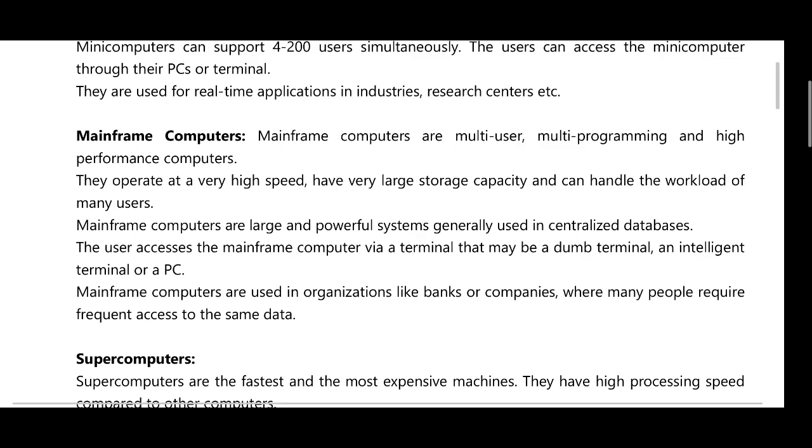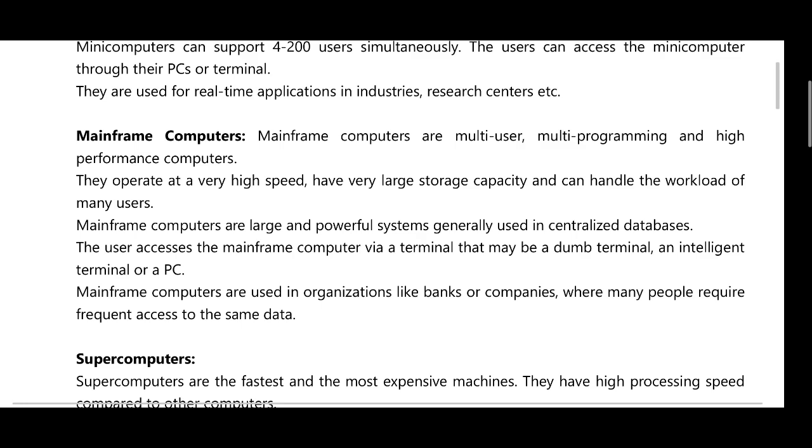They operate at a very high speed, have very large storage capacity, and can handle the workload of many users. Mainframe computers are large and powerful systems generally used in centralized databases. The user accesses the mainframe computer via a terminal.